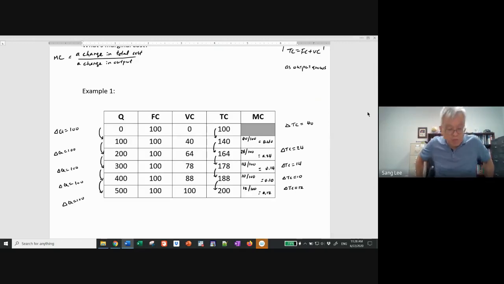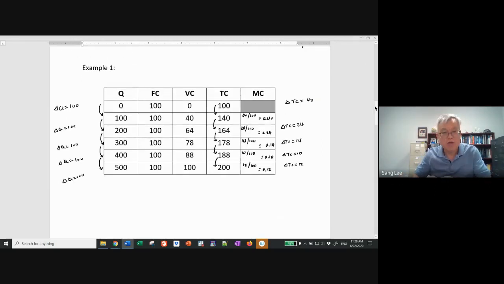Now, before we move to the next example, I would like to direct your attention to this. Here we calculated marginal cost as the change in total cost divided by change in quantity. But we do know total cost is fixed cost plus variable cost.